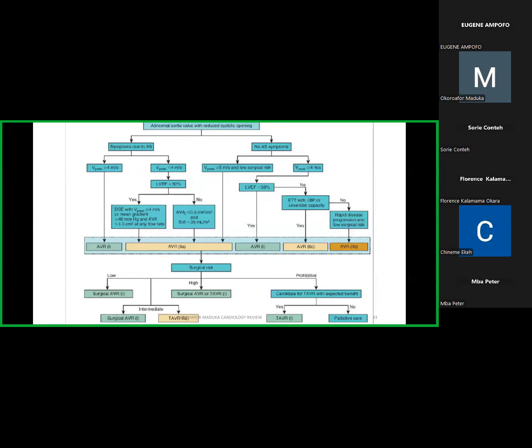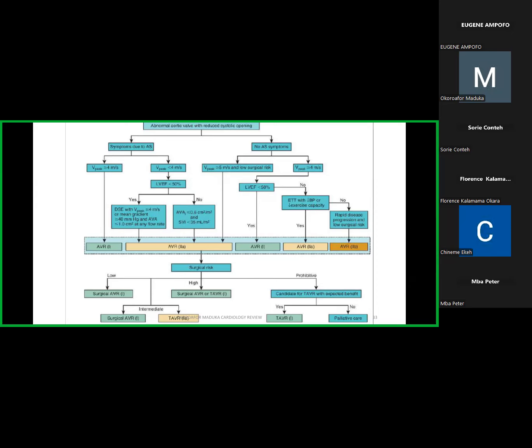And so when you make up your mind to replace the valve, you will now want to evaluate the surgical risk in these patients. If the risk is low, of course, you go ahead with surgical replacement. If it's prohibitive, you want to consider if the patient can be a candidate for transcatheter aortic valve replacement with expected benefit.